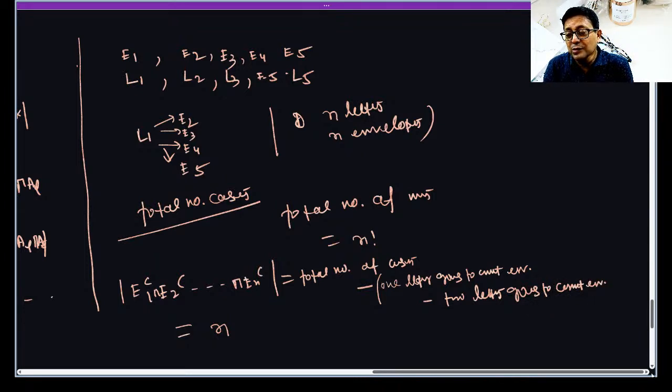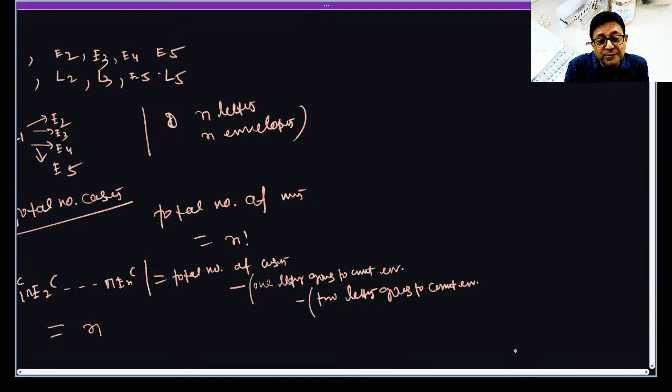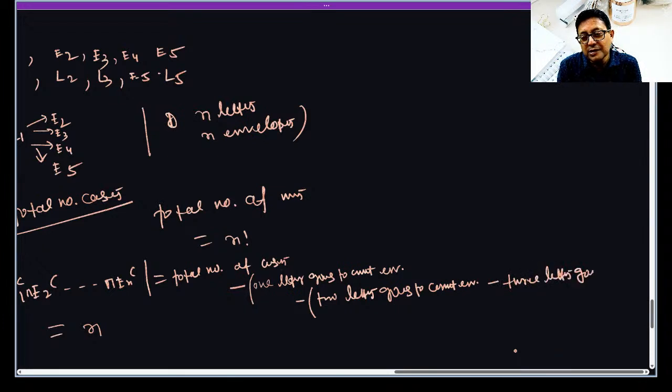But this excludes the case when three letters go to the correct envelope, so bracket, see the use of bracket, minus three letters go to the correct envelope.